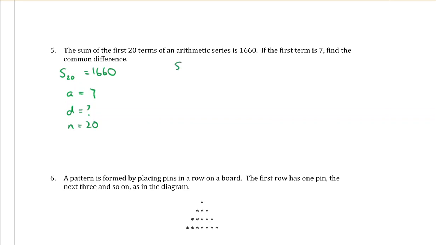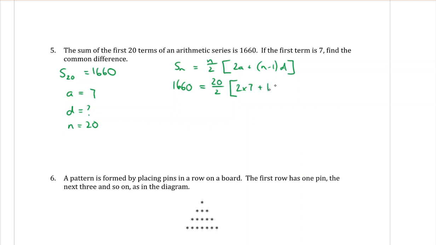So it's going to be S of n equals n over 2 bracket 2a plus n minus 1 d. Subbing in. My sum is 1660. N is 20. A is 7, so 2 times 7 plus n is 20 again.